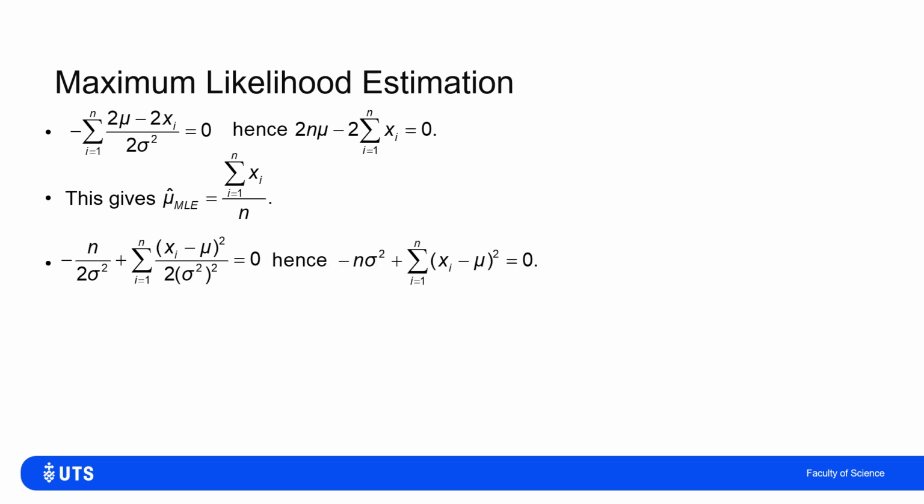And when I do, and I start to tidy this up, and I replace mu with mu hat by MLE, what you start to notice is that this is just the second central sample moment, or the equivalent. It's the sum of the squared differences around the estimate of the mean over n.